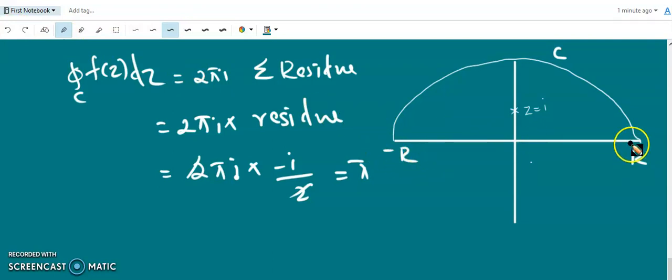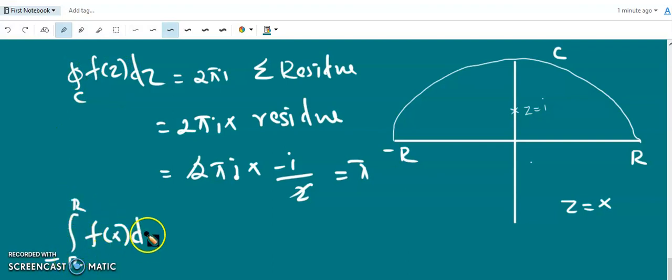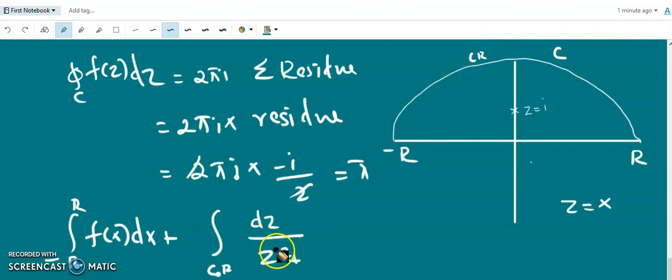So this integral is split into two: the integral over the real axis from minus r to plus r of f of z, where on the real axis z equal to x, so it is written as the integral from minus r to r of f of x dx, plus the integral over the curved part of the semicircle, dz by z square plus 1, that is, f of z dz over the curved part.